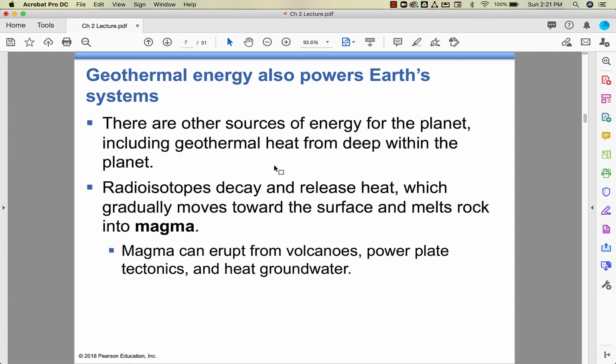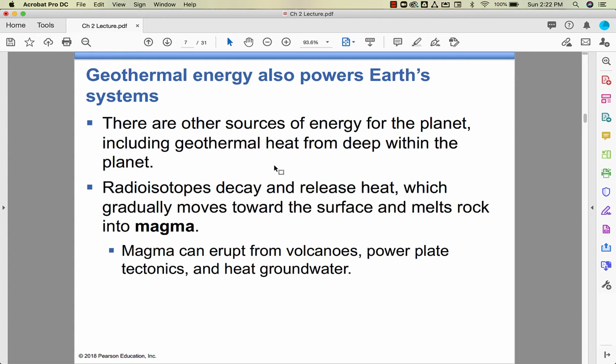So we can talk about sources of energy from the planet. We talked about geothermal energy before. What causes geothermal energy, that heat from inside the earth that we can harness to create steam to turn turbines to generate electricity, comes from the fact that radioisotopes naturally occur within the inner layers of the earth.